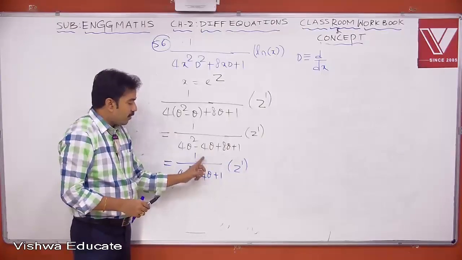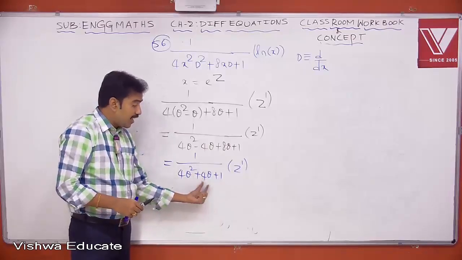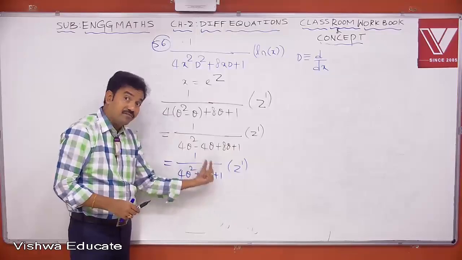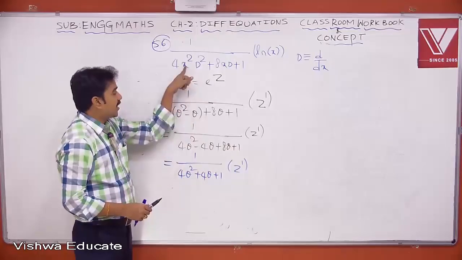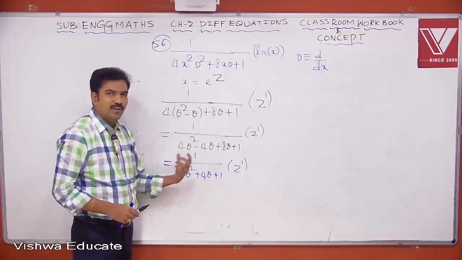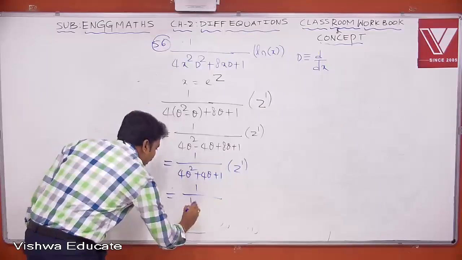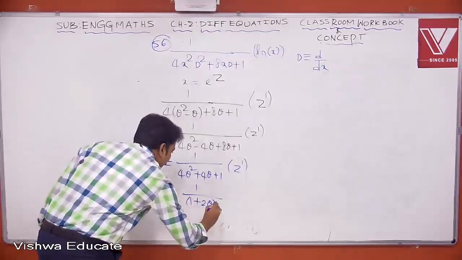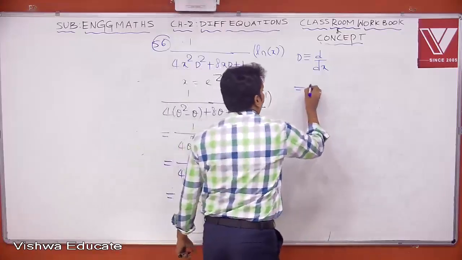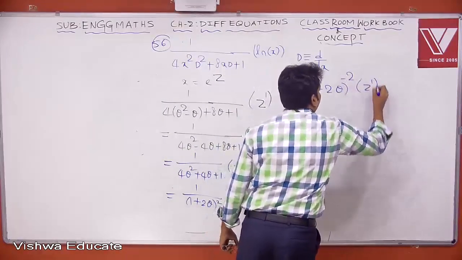When you are handling particular integrals of polynomial expressions, we need to take the least degree term of f(θ) as common. Here not f(D), f(θ), because D is converted to θ. Here 1 is the least degree term, so you need not take 1 common. This expression is 1 by (1 + 2θ)² of z^1, therefore (1 + 2θ)^(−2) of z^1.